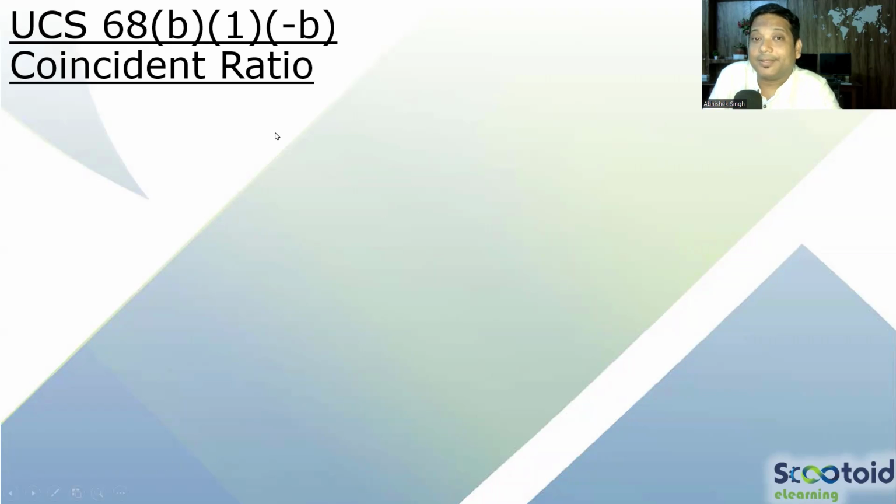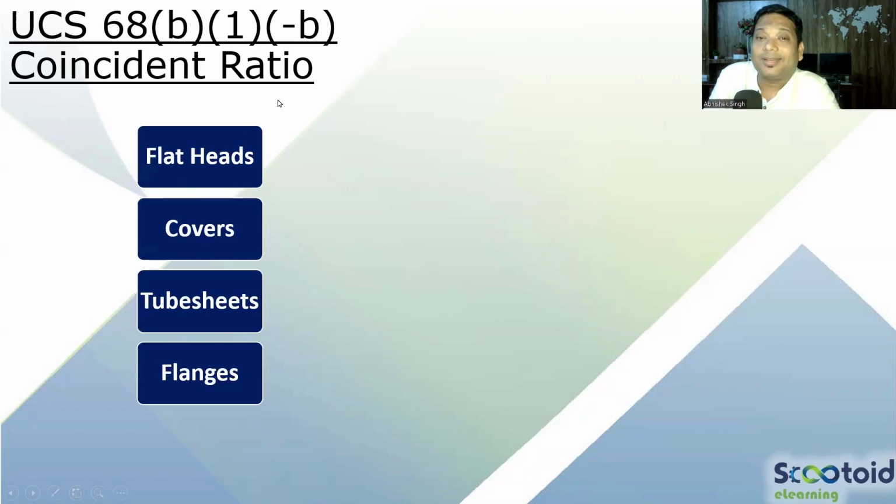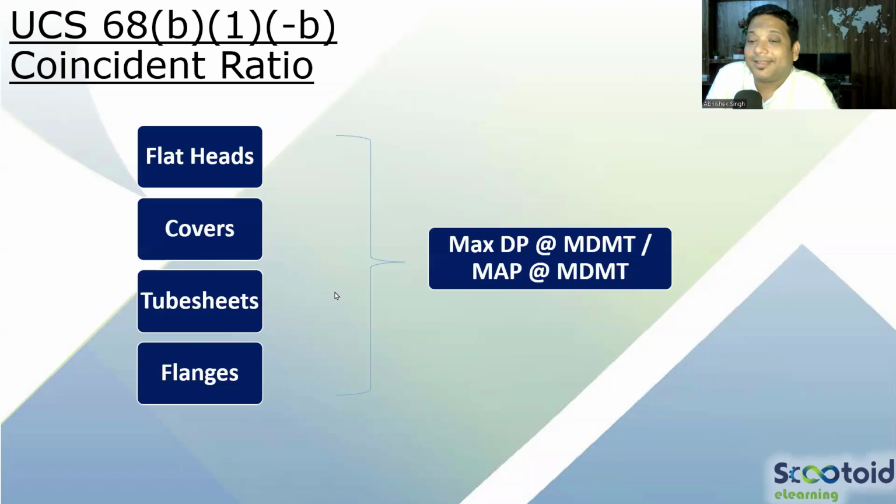So for all the flat heads, where the stress pattern is not tensile but bending, cover also, you have bending stresses which are governing. Tube sheet also same. For all these items, you have one more method available, which is maximum design pressure at the MDMT temperature divided by MAP, maximum allowable pressure at MDMT.